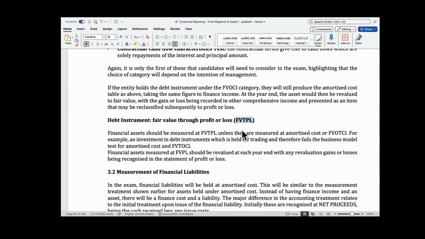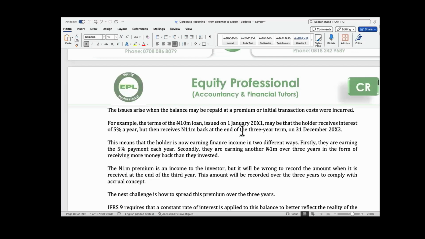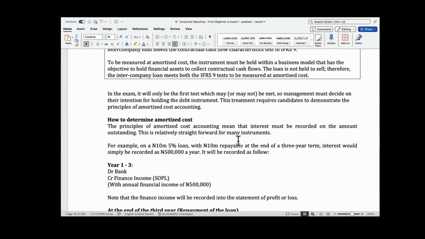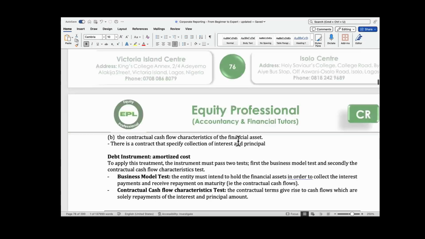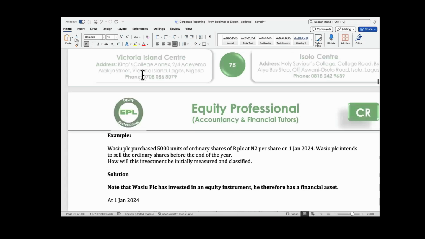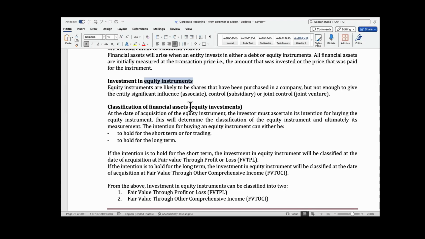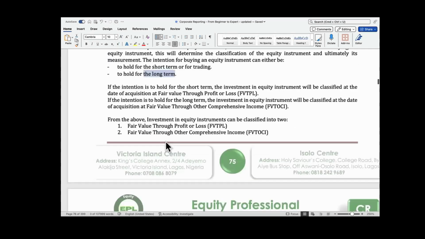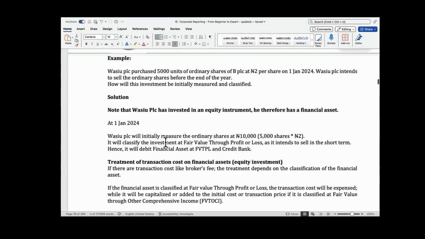Okay, so I'm done with the explanation of the principles around financial assets. I've explained equity investments, how they are classified, and the basis. If we are holding it for the short term, fair value through P&L. If we are holding it for the long term, fair value through OCI. And the same way you measure is how you measure it.